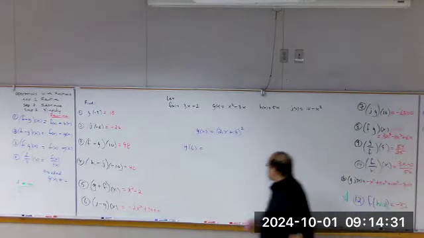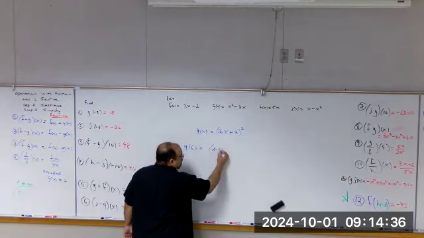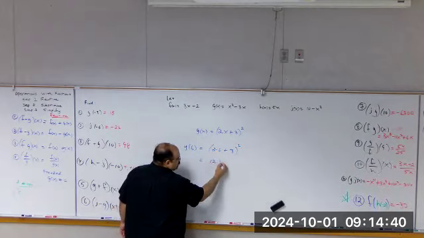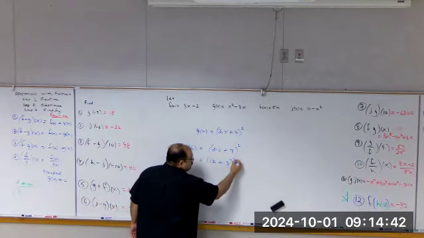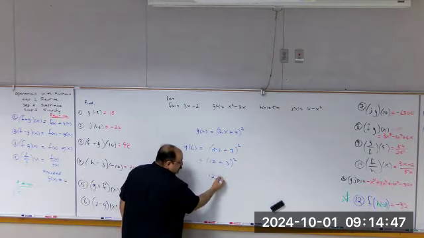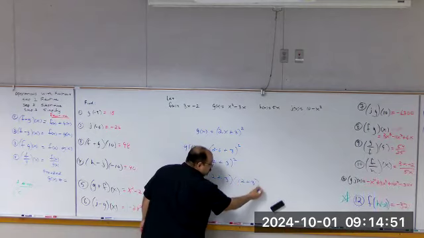They plugged in the 6. So they go 2 times 6 and then plus 3, and they square it, and they got 12 plus 3, and they squared it. But then they did this. So that's equal to 12 plus 3 times 12 plus 3.